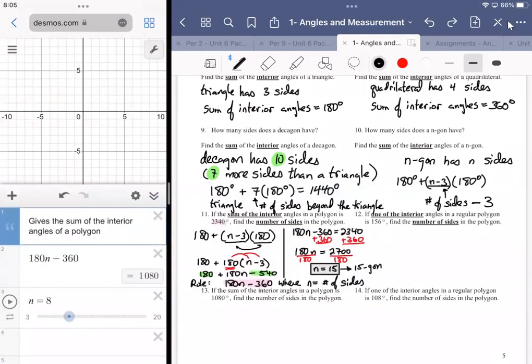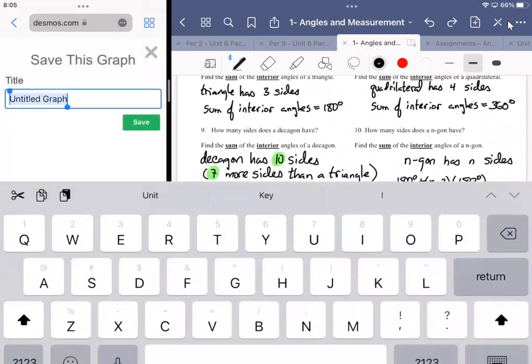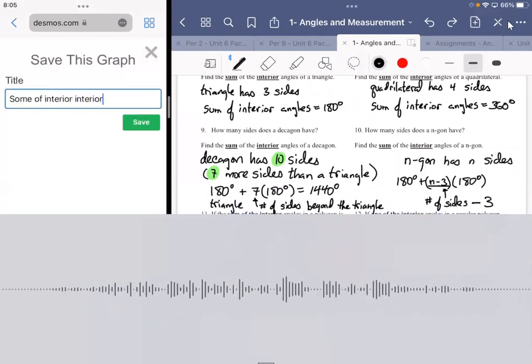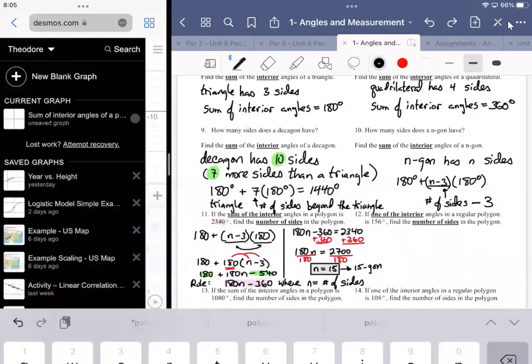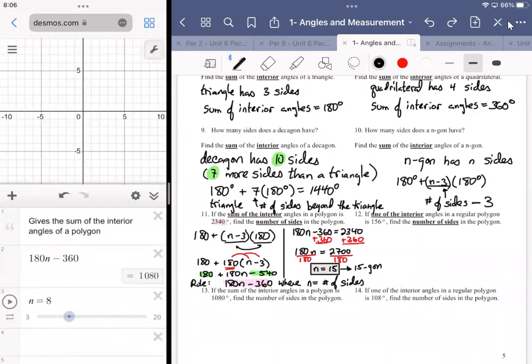Finally figured out how to make that work, so I'm just thrilled. Then I save it as "Sum of interior angles of polygon," and I post that up on Blackboard, and then you'll have access to it. It's very simple Desmos, but it's kind of nice.